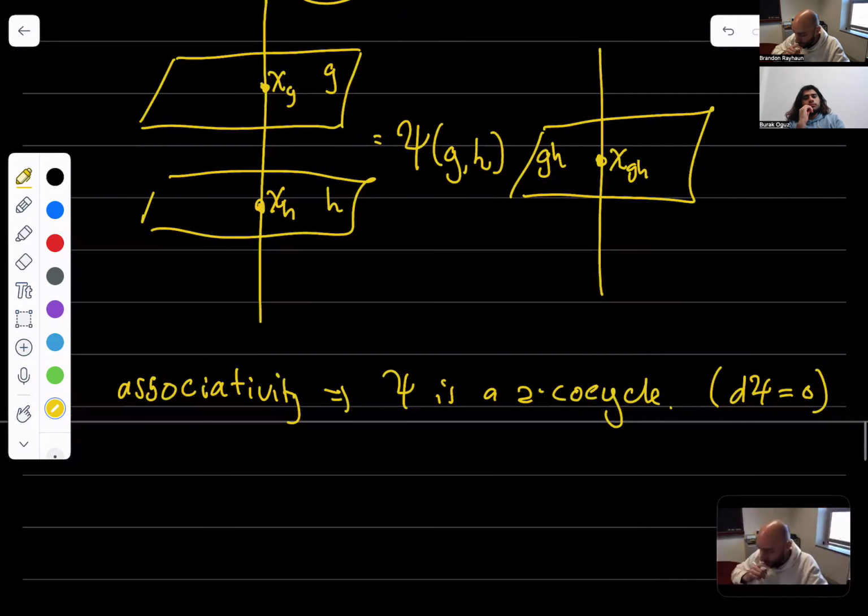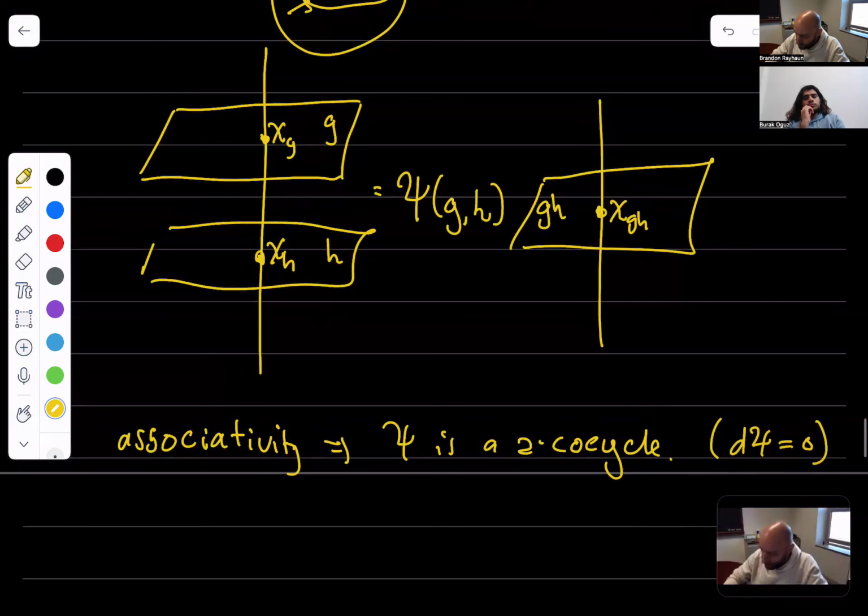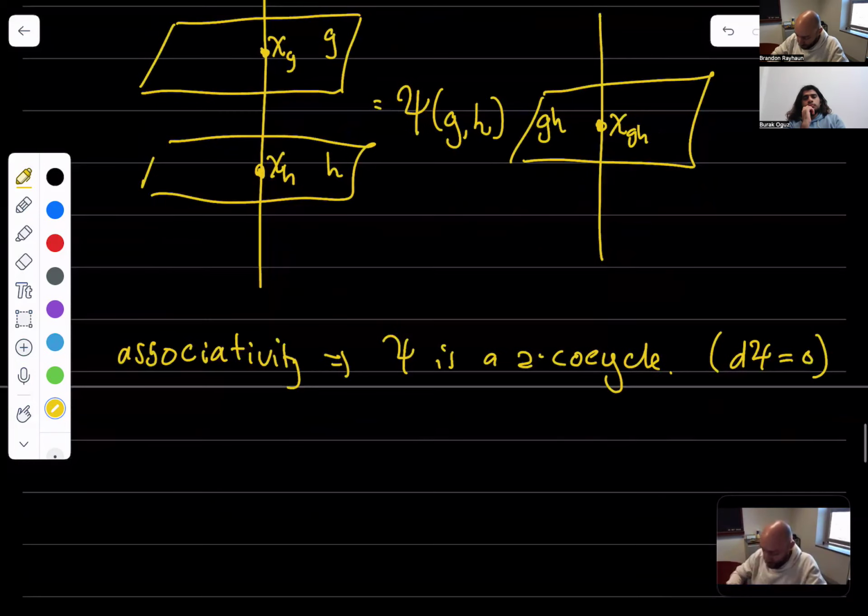On the other hand, for these choices of junctions, x_g, there isn't really a canonical choice. I could have chosen x_g, but you could have chosen x prime of g related to my choice by some C number alpha.